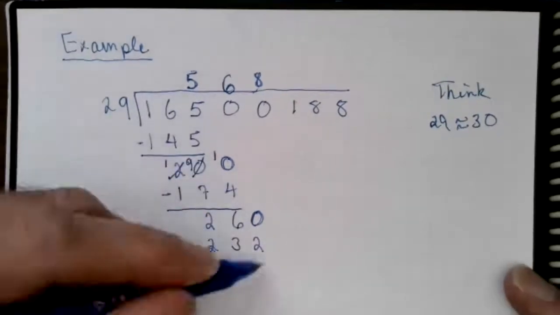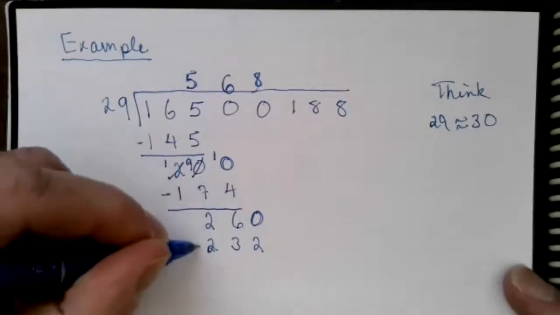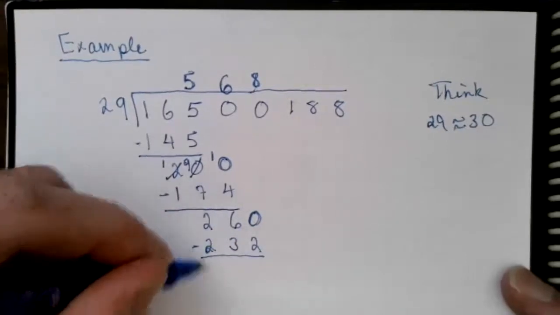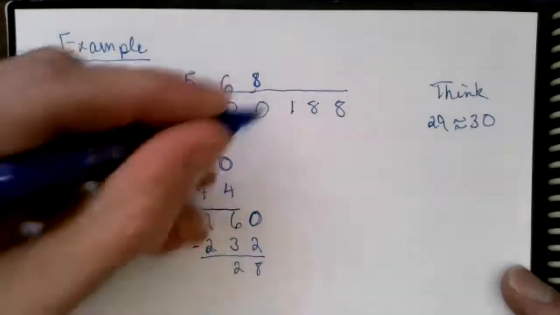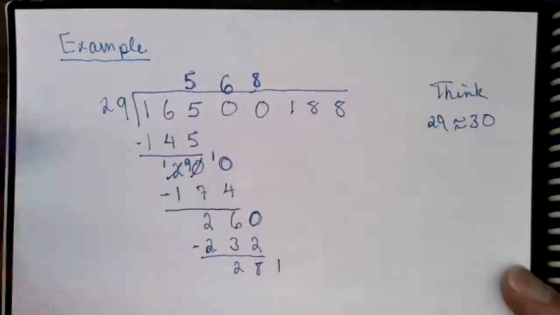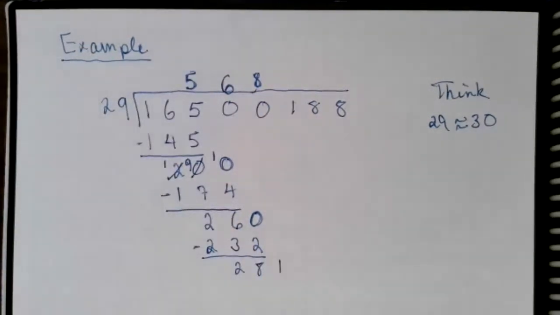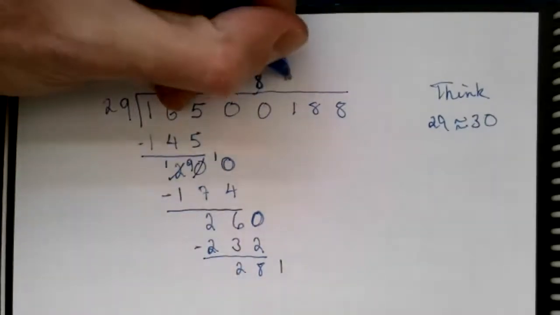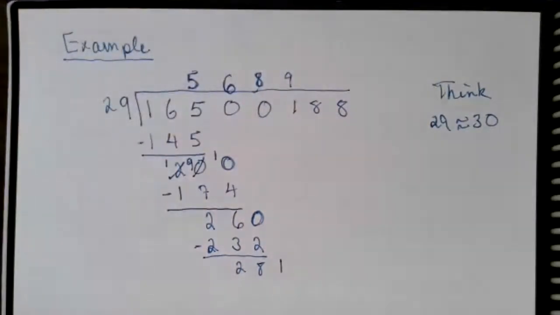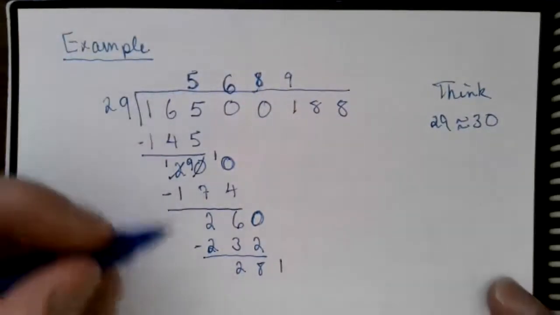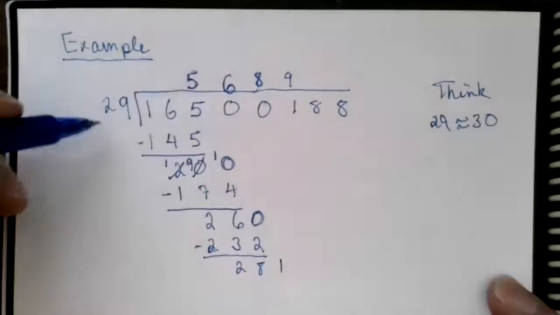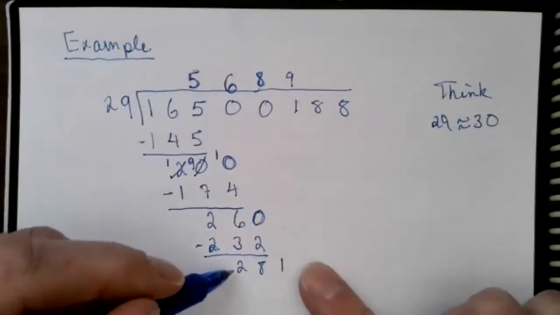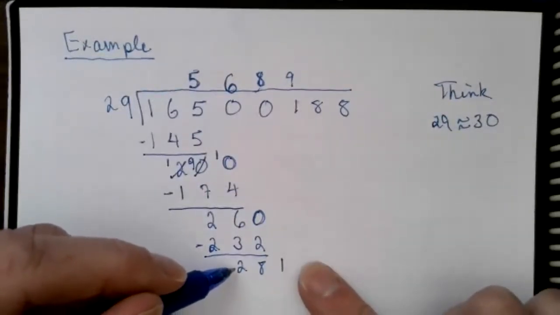Notice I'm using my estimates even to get these numbers right here. So this is 281. I think I can do 9 now. 9 times 30 would give me 270, which is still less than my target of 281.